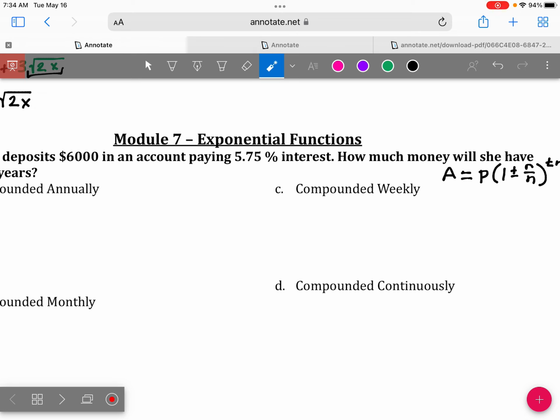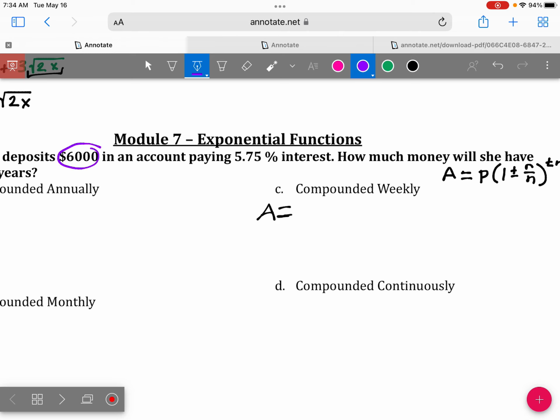So we've got Tammy deposits $6,000 into an account, paying 5.75 interest. How much money will she have after 9 years? So we're going to do the compounded weekly. So what is her principal? What is her starting amount? 6,000.